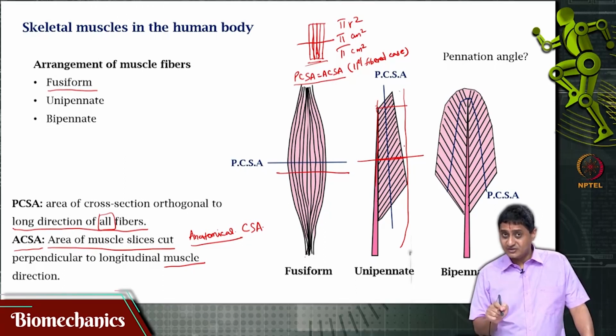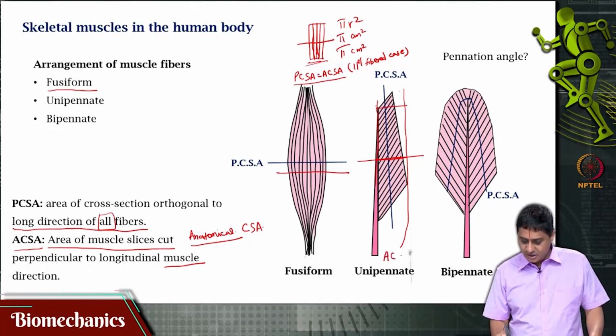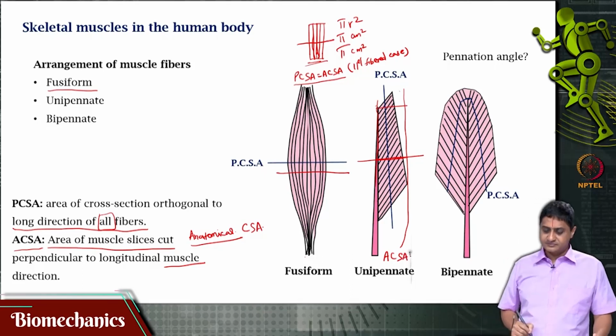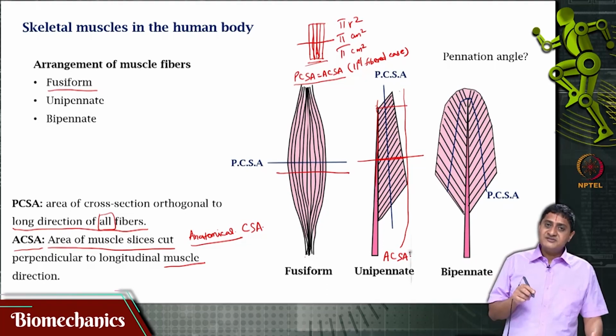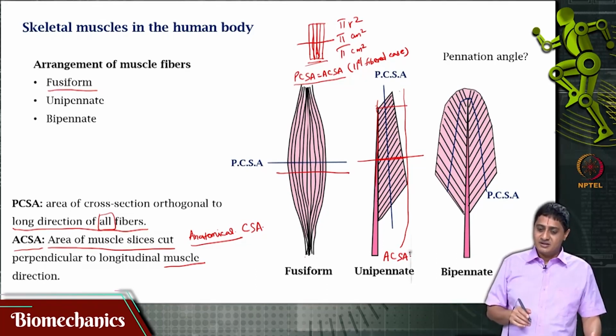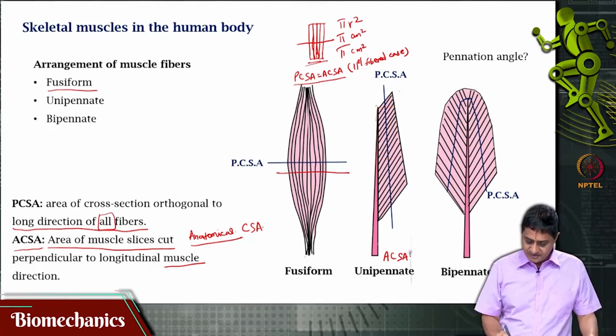This area that is found based on the diameter of the muscle as a whole is the ACSA, is it not? That is the anatomical cross sectional area. But because the fibers themselves are not parallel to the muscle itself, in this case I have an internal tendon.